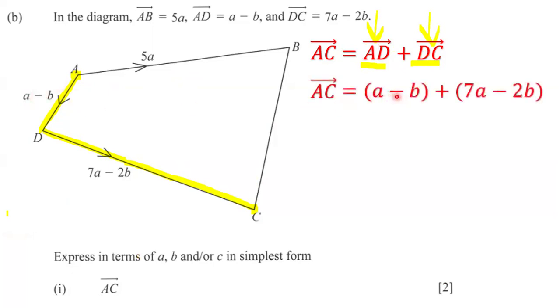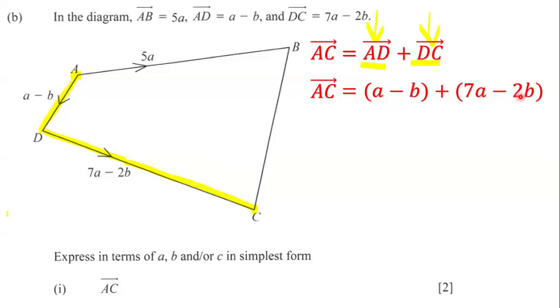And DC is equal to 7a minus 2b. And so we have AC is equal to a minus b plus 7a minus 2b.